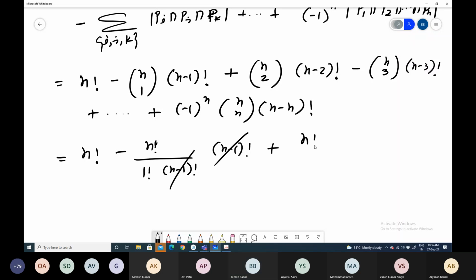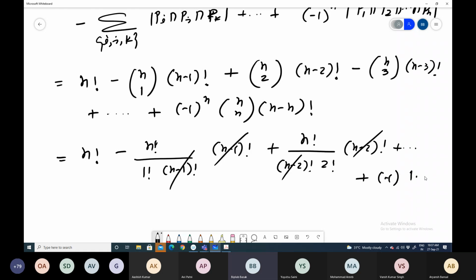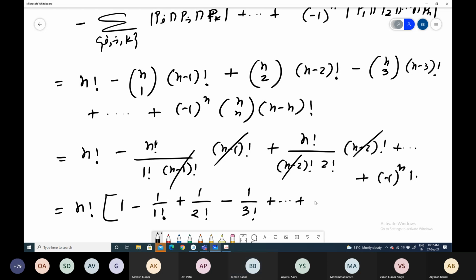Similarly here, that cancels out, and it goes on, plus minus 1 power n, and that last term is just 1. Now take factorial n outside, and it is 1 minus 1 by factorial 1 plus 1 by factorial 2 minus 1 by factorial 3, and so on, minus 1 power n, 1 by factorial n.